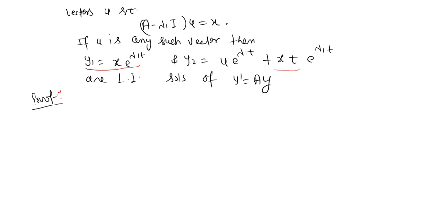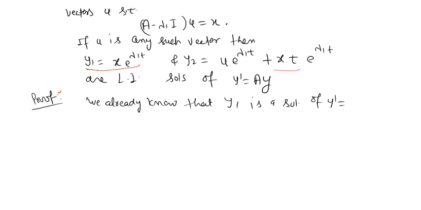So we already know that y1 satisfies the system, so y1 is a solution of y dash equal to Ay. So now we verify y2.